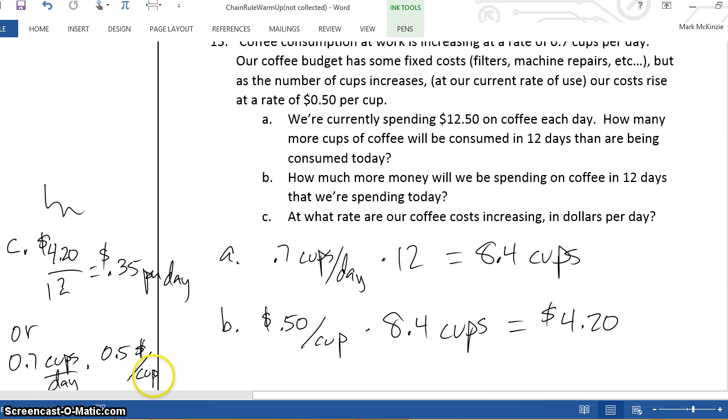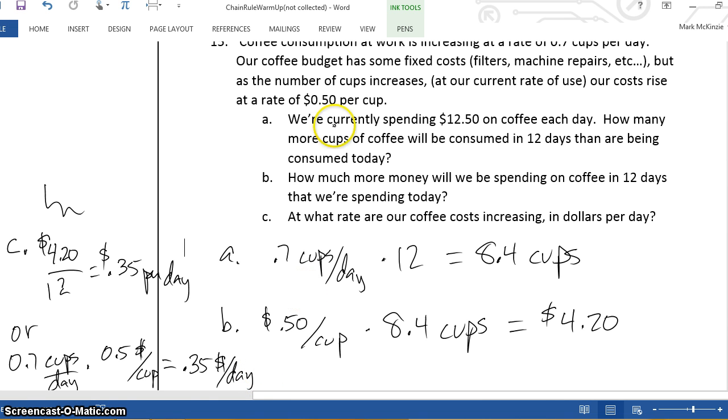If we take the product of those two, you end up with $0.35 per day. So the increase in cups per day multiplied by the cost in dollars per cup gives you the increase in dollars per day of 35 cents.